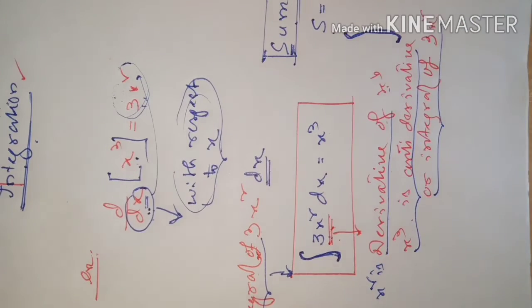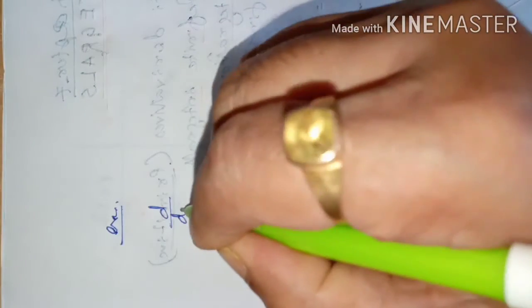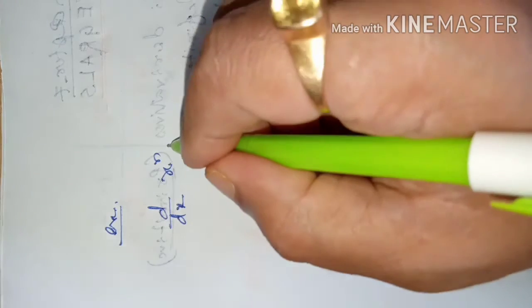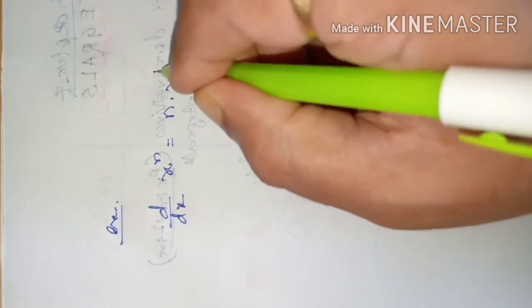Once again I am repeating all this. Let's take an example here. As you know, d by dx of x to the power of n is equal to n times x to the power of n minus 1.